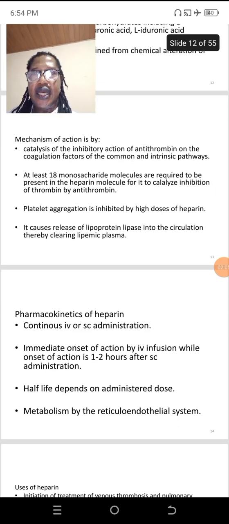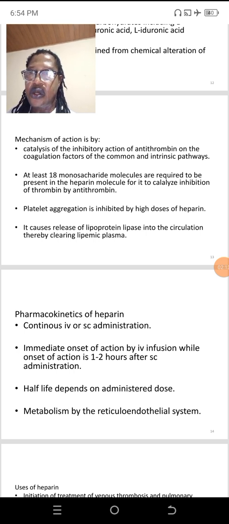Heparin is administered either as a continuous IV infusion or through the subcutaneous route, and it is usually administered as the sodium salt, but the calcium salt is also effective. And then lithium salt is used as an anticoagulant for blood samples.